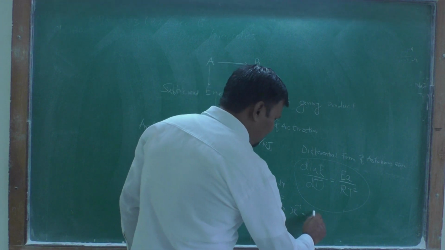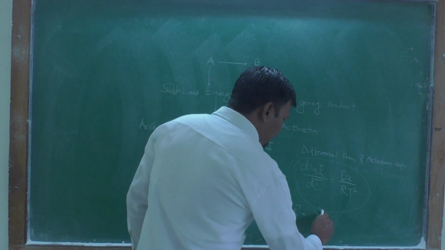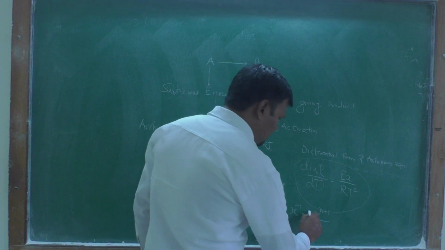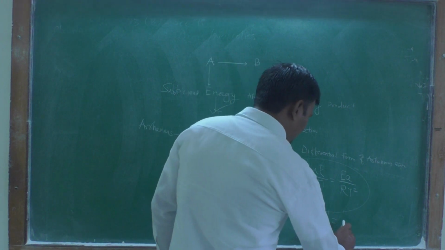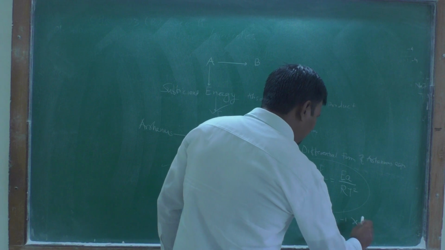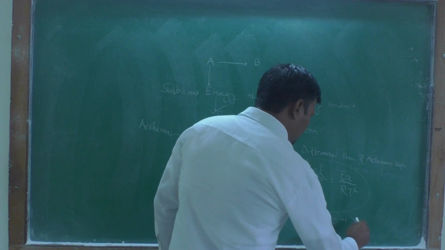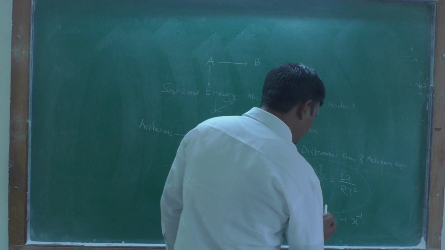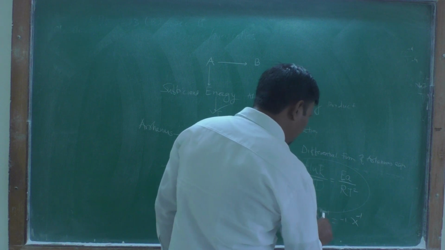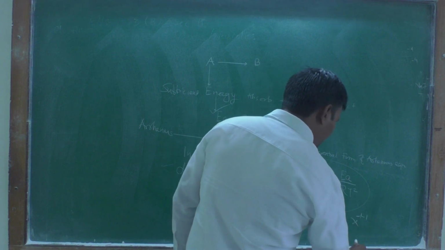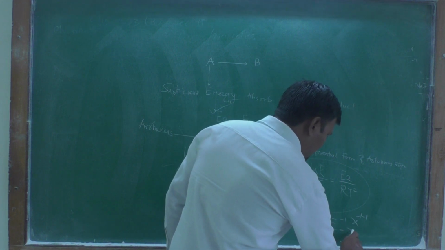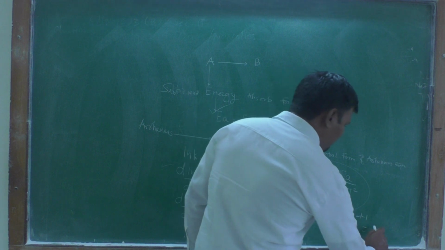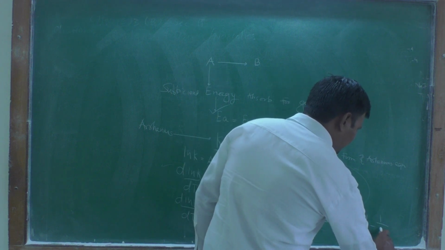When you differentiate this, you obtain n x raised to n minus 1. Here n is minus 1, so the derivative of x raised to minus 1 is minus 1 times x raised to minus 2, which is minus 1 upon x square.